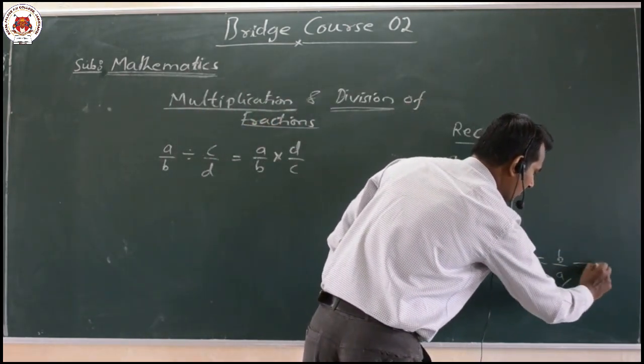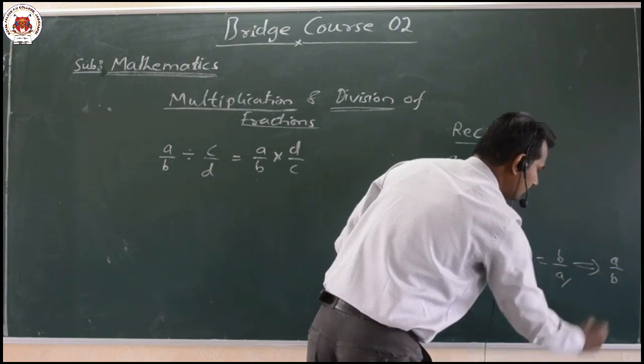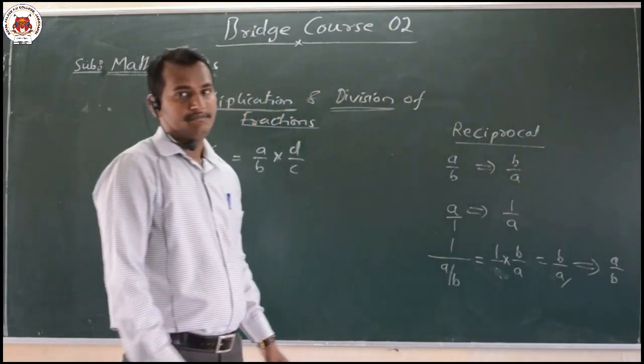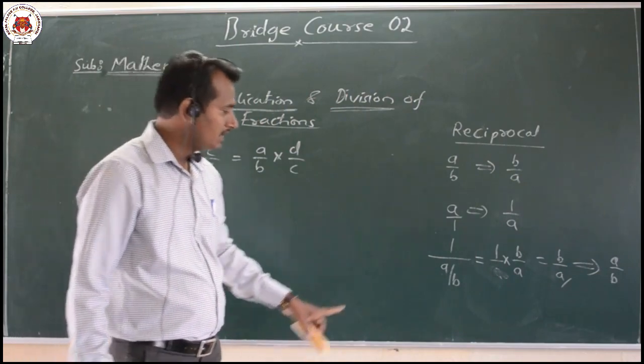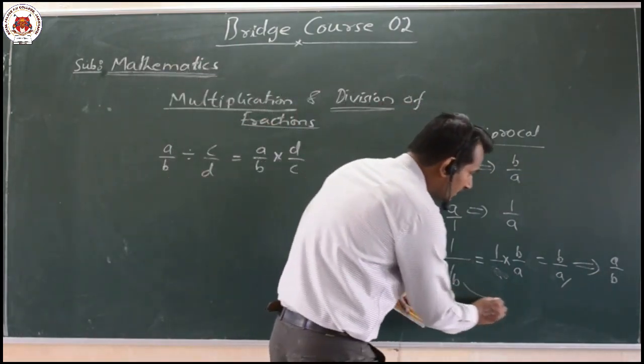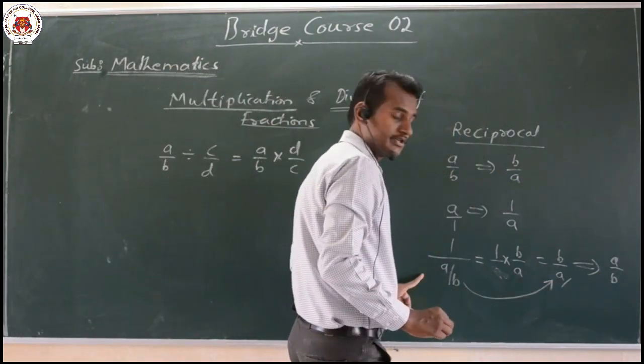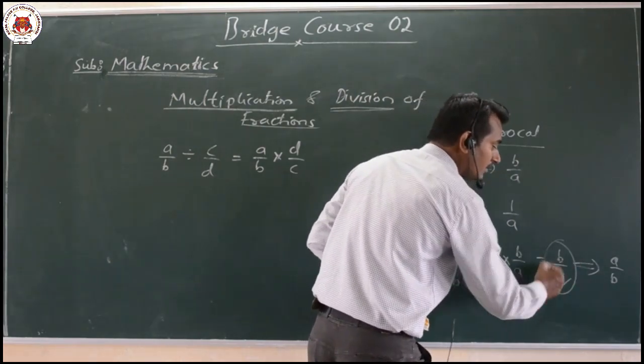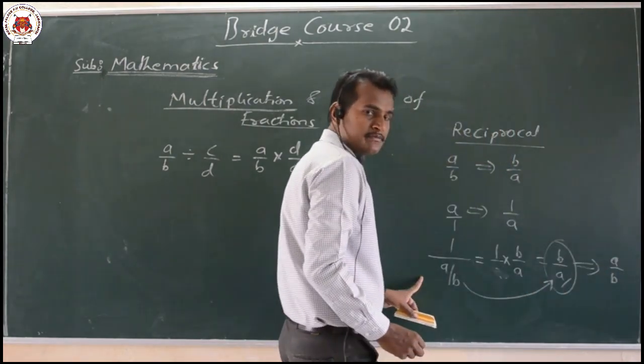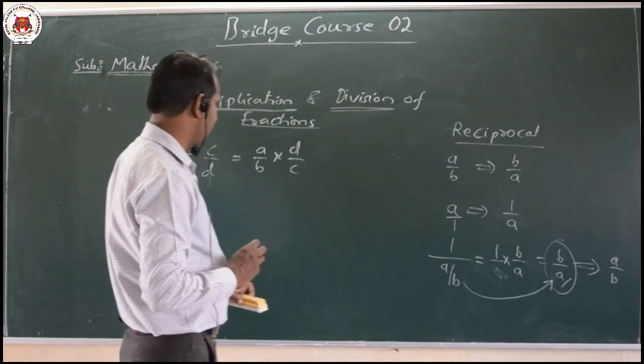And its reciprocal will be again a by b. Very simple. Its value is equal to b by a after simplification, and its reciprocal will be a by b here.